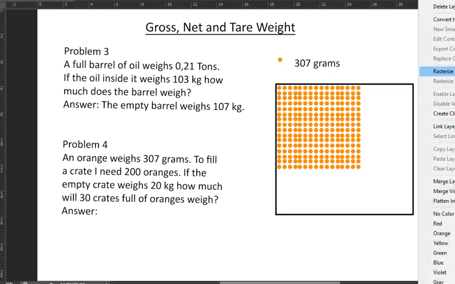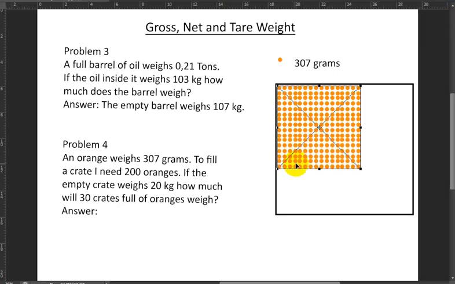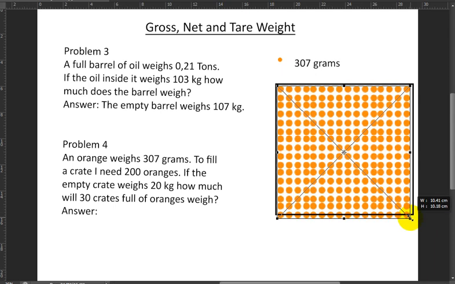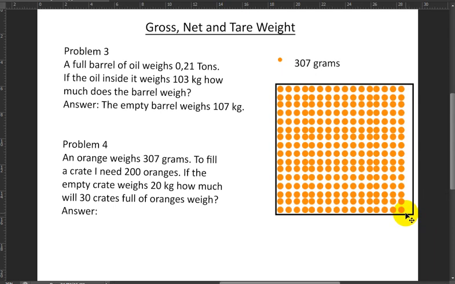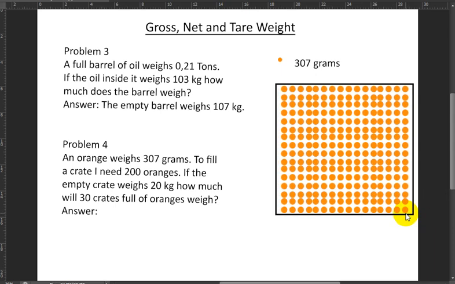So here are all the oranges we needed, and more actually than we needed. So we're actually going to have to delete a few.